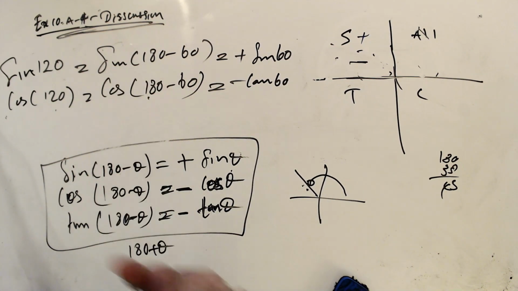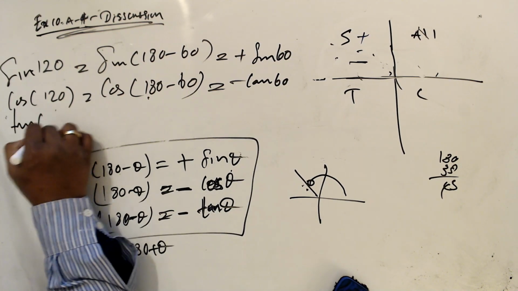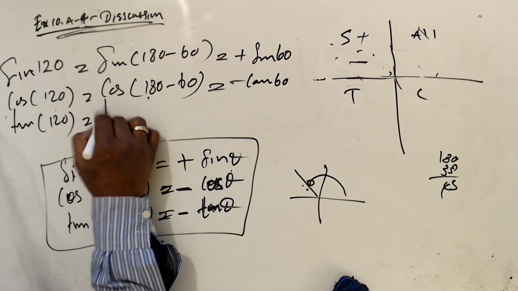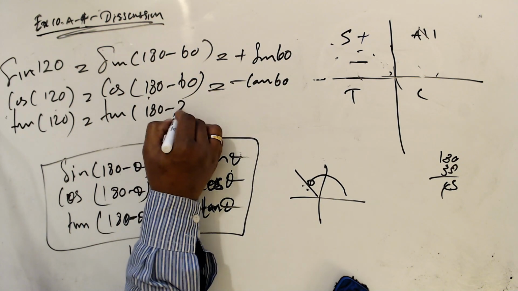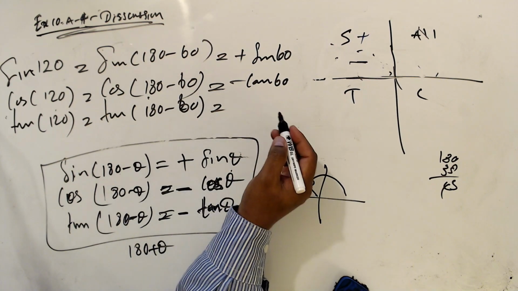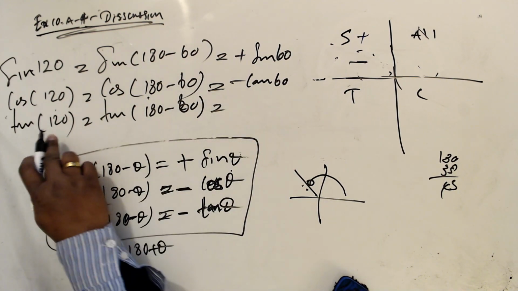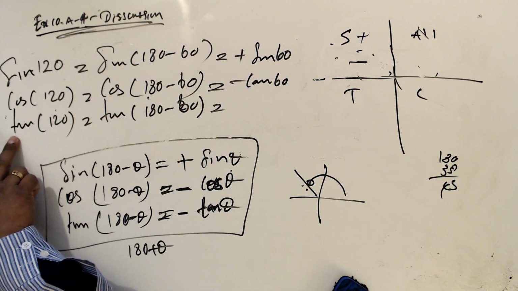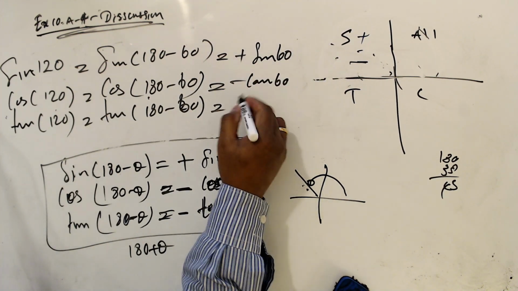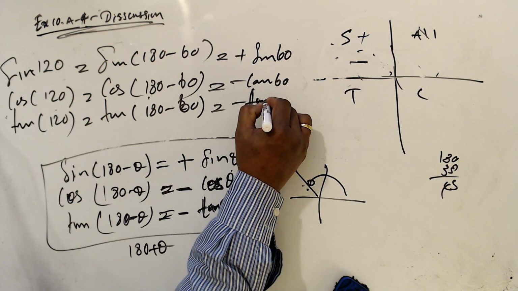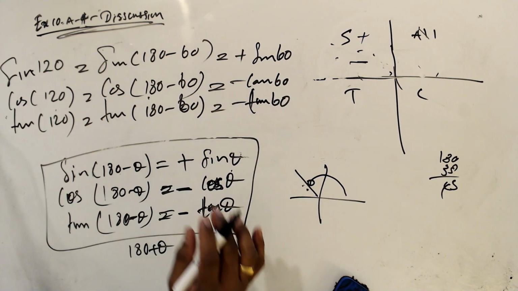Simply I forget 180. Then tan 120 means tan 180 minus 60. 120 is in the second quadrant, tan in the second quadrant is negative. So negative, then I simply write tan 60.